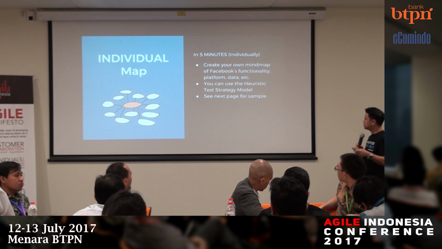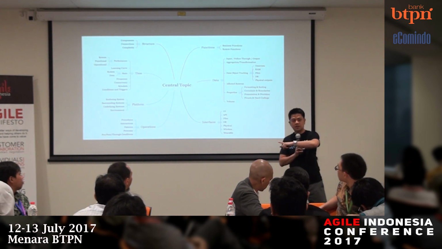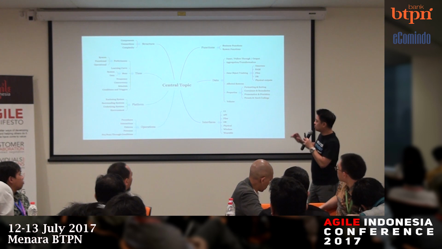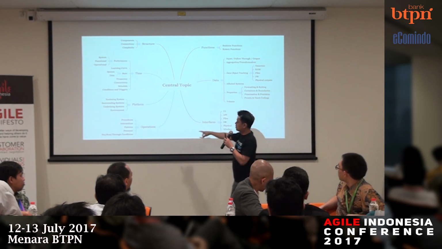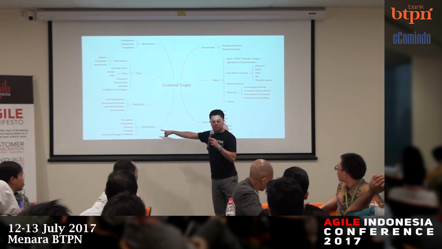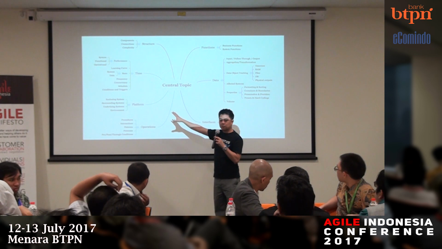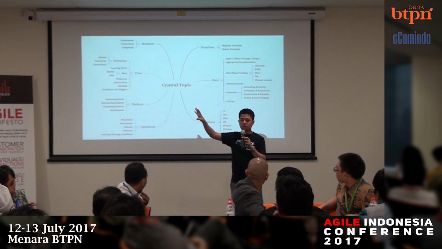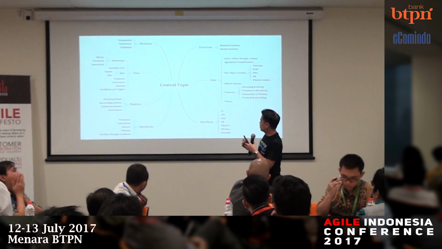And then you can use the heuristic test strategy model, which is this one. What it does is that it gives you some ideas on what you can test. You can test the interface, the operations, your personas, how they use it. You can test the platform itself, or where it's going to be installed, what's the OS. Is there a time element to it?